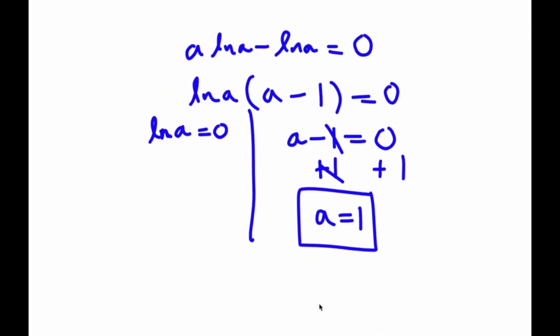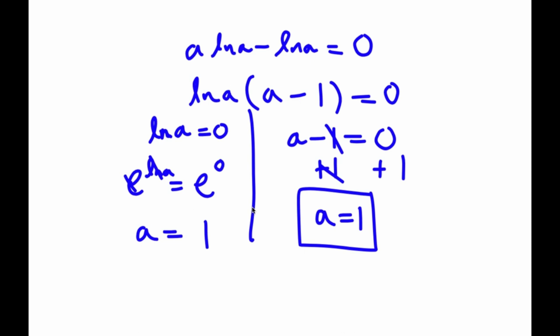Now for ln a equals 0, I'm going to first take e to the power of both sides. So I get e to the power of ln a is equal to e to the power of 0. Now e and ln cancel out, so I get a is equal to e to the power of 0, which is 1. Well, I got a equals 1 again.